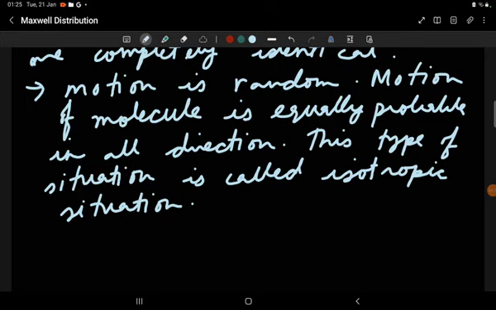What I mean is, when there is a particle here, let's say it is traveling with a velocity c, this c may be towards any direction. It is equally probable to travel in any direction. All the directions are equal, and no direction is particularly unique for this particle, right?